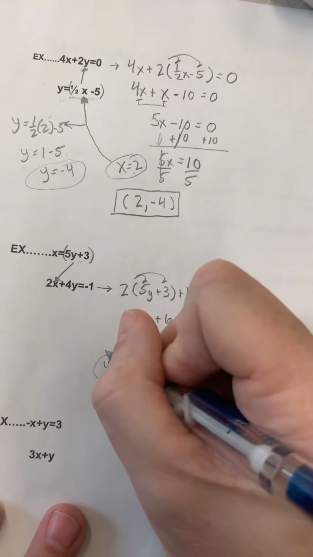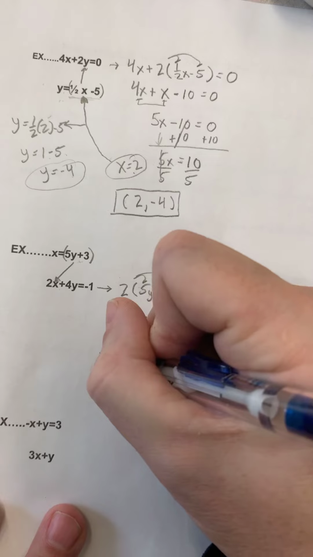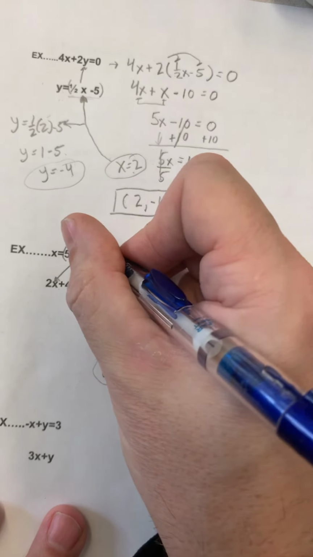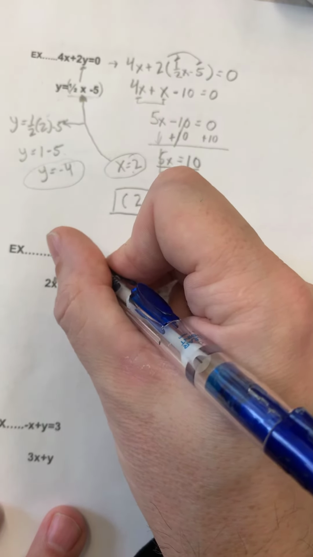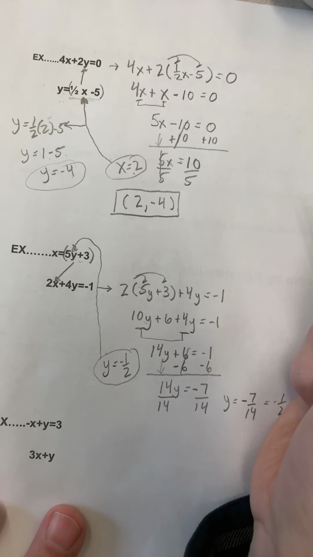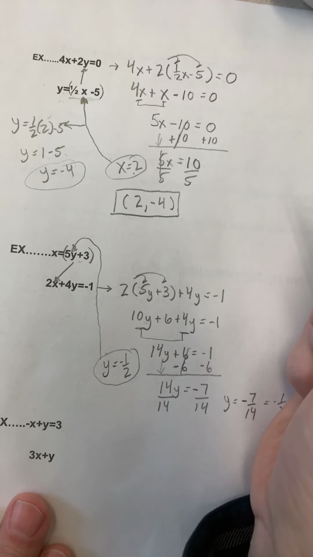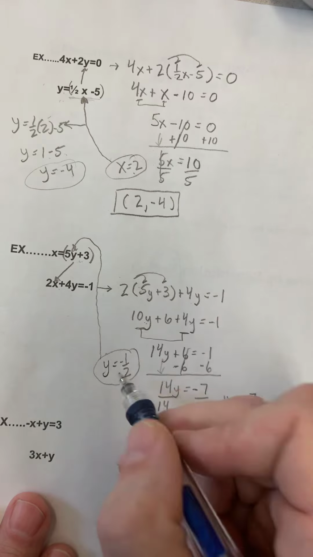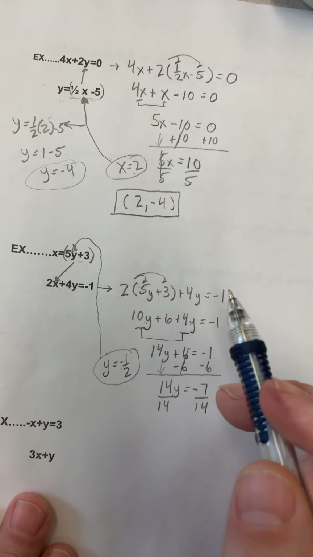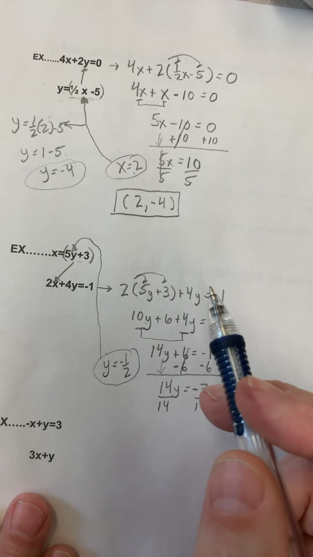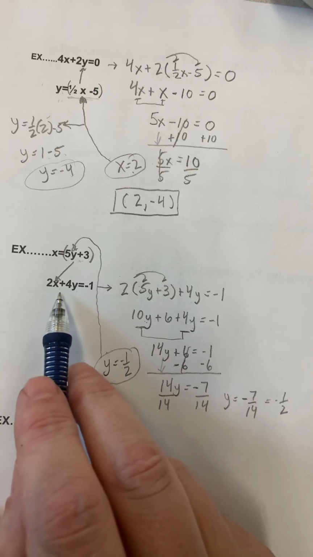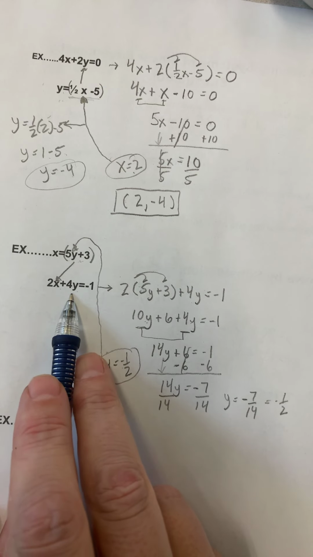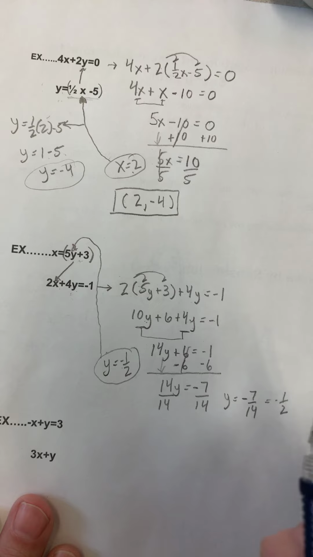I will take that y and I'm going to plug that in right there so I can find my x. I could certainly plug it in this one, or I could plug in y right here and solve for x.